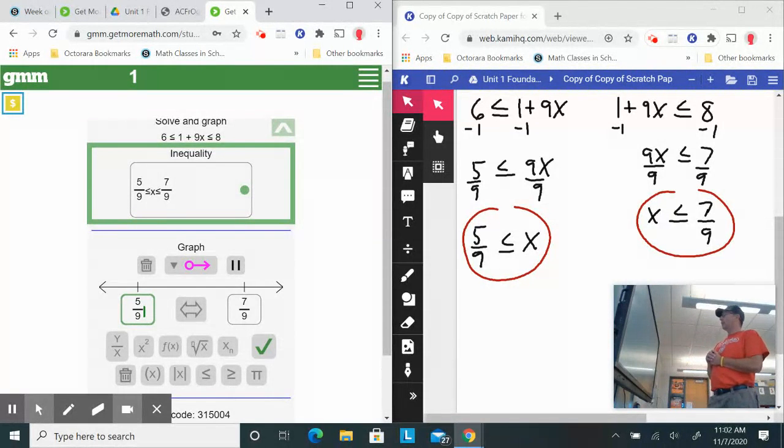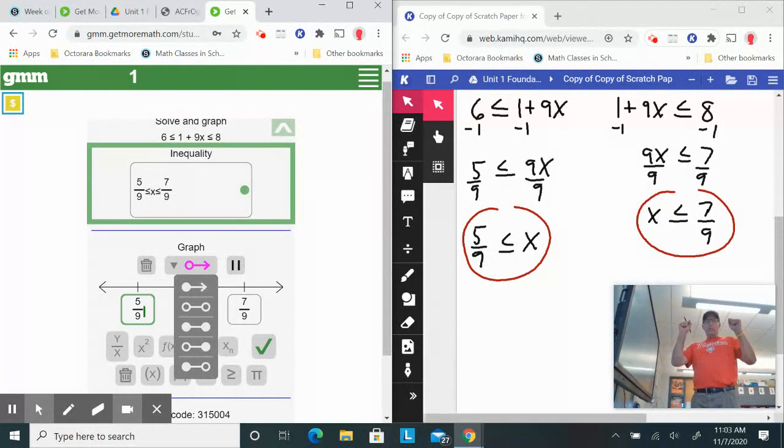And now to graph these, I'm going to make sure that 5/9 is on the left because it's less, 7/9 is greater. So on my graph here, I need a less than or equal to, that means it can be equal to. I need solid circles because each of these could be equal.